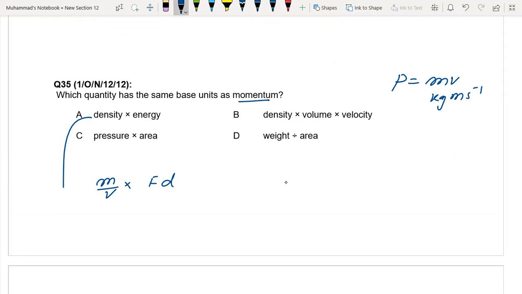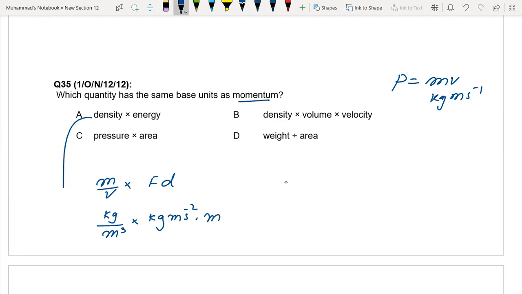mass per unit volume, that is kg over meter cube, times F is MA, kg meter per second square, times meter.